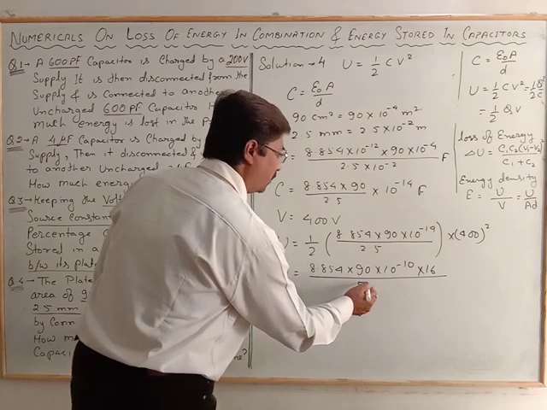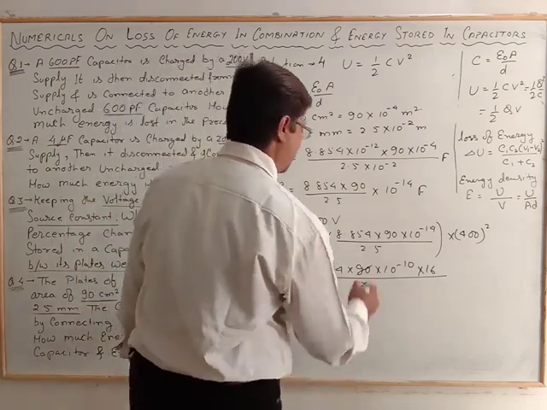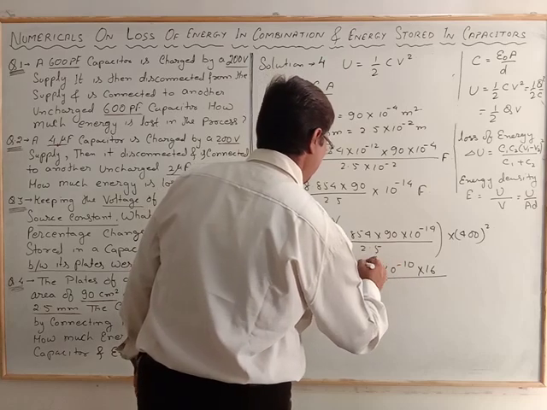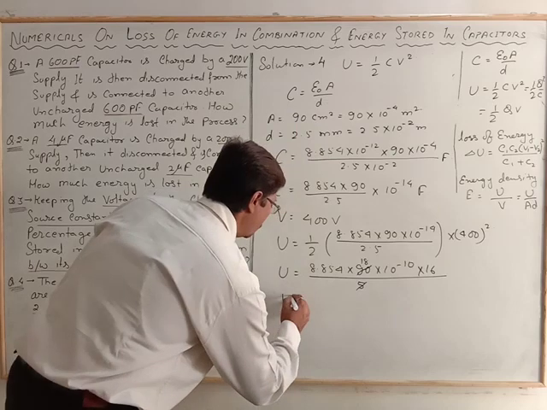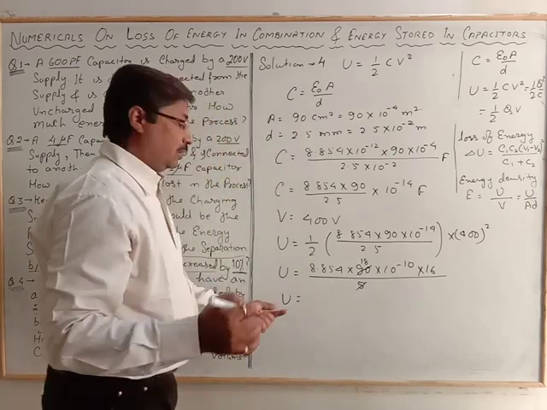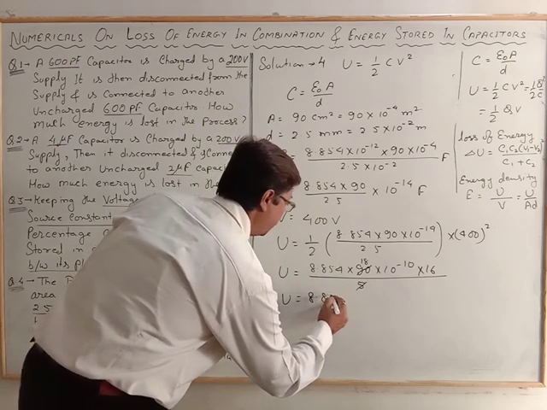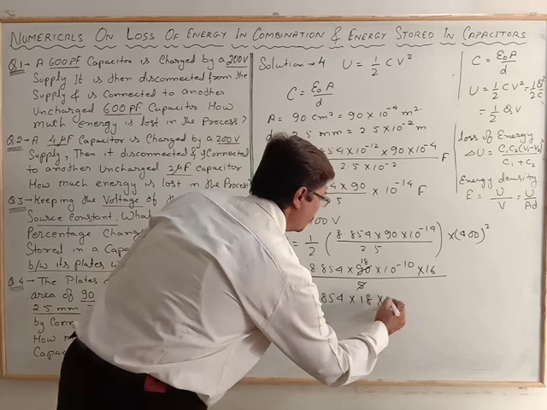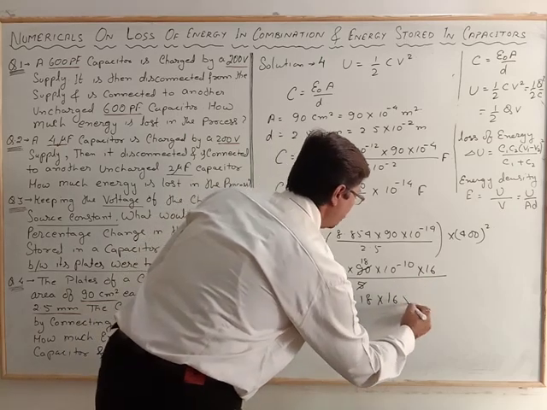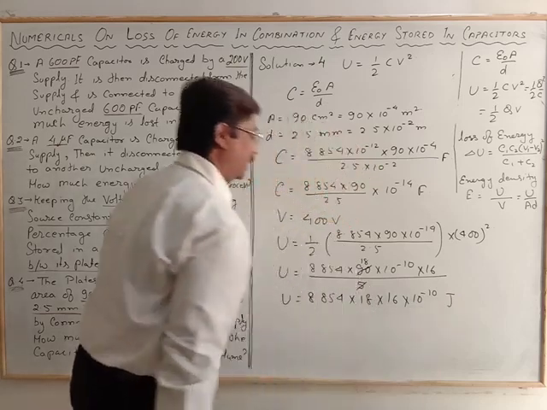Now 5 you can cancel with 90, that becomes 18, and then calculate it. U is equal to 8.854 into 18 into 16 into 10 to the power minus 10, that much is the joule we will calculate.